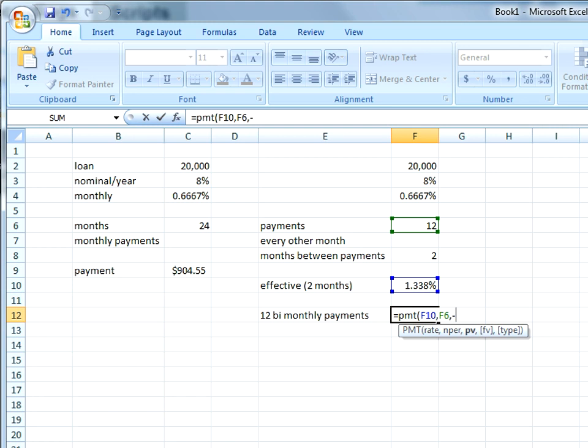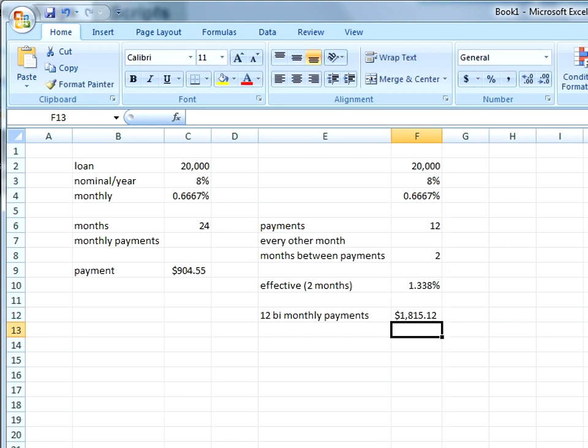And the original loan was for 20,000. So now we have $1,815.12. Notice that this quantity is larger than 2 times the monthly payment.